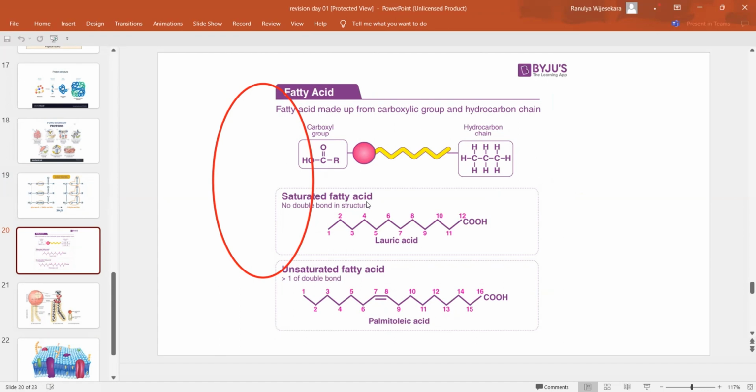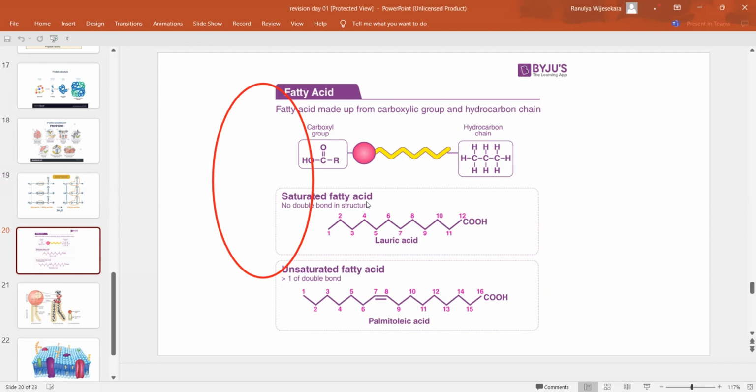And they are solid at room temperature. Butter. හරිද? Unsaturated fat means they are made up of unsaturated fatty acids, and that means their hydrocarbon chain has one or more double bonds. So usually plant fats are unsaturated fats and they are liquid at room temperature.